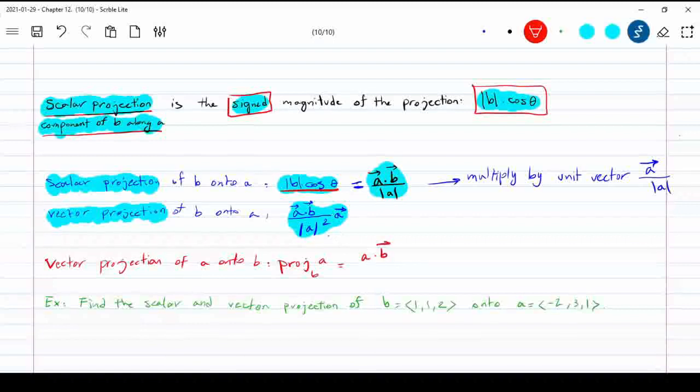A dot B, you change A and B. It's just the order. Instead of A, you have B in the denominator, squared, and multiply by B. It's just renaming A with B, B with A. It's the same thing. And I didn't change the order of the numerator because A dot B is the same as B dot A. If you change the ordering, it doesn't really make any difference in the numerator.